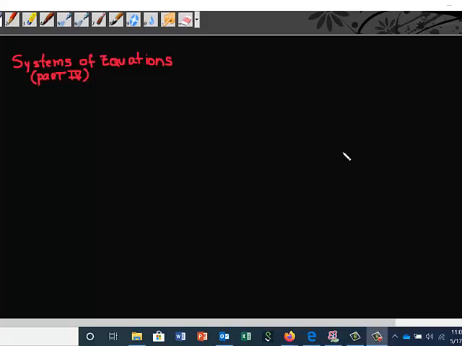So we'll look at a couple examples, and let's look at this example where we have 2x minus 3 is equal to y. And then we say that y minus 2x is equal to 1.